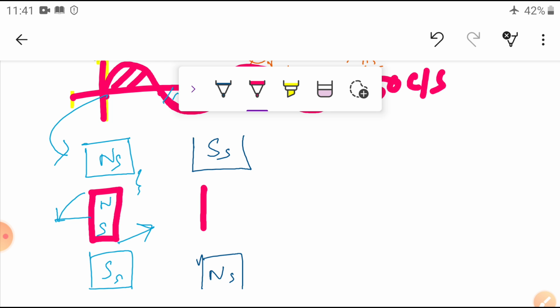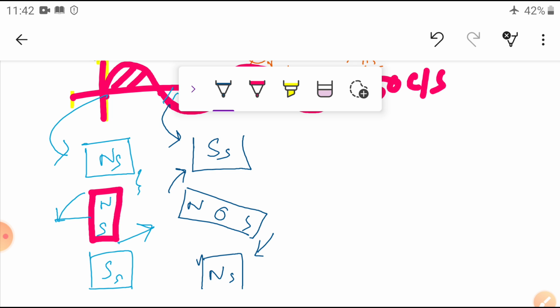Due to the repulsion, the rotor comes to this position, for example. This is a north and this is a south during the negative half cycle. Due to this, they will attract each other, and then it will move in the clockwise direction.